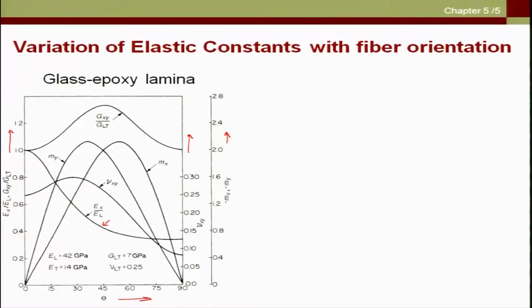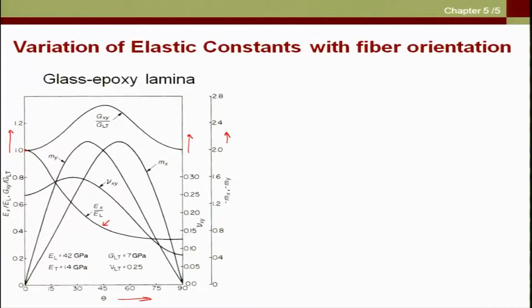Okay. And what do we see? So, Ex divided by El is equal to 1 at this point, which means that when theta is equal to 0 degrees, Ex will be equal to El. Okay.